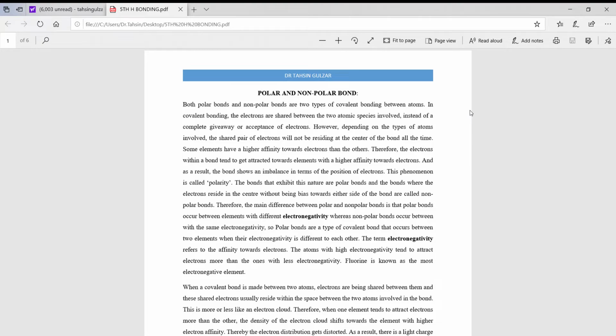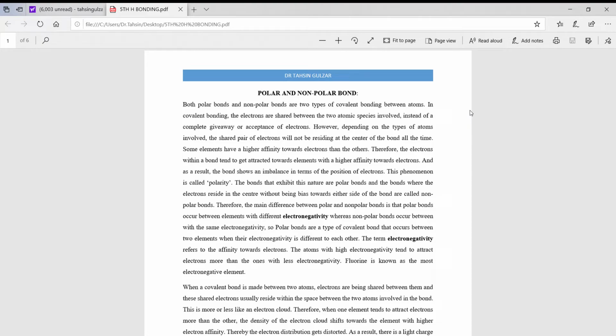CH3Cl has dipole moment. CH3Cl is a polar compound. CH2Cl2 is not a polar compound. CHCl3 is a polar compound. Now, in CH2Cl2, two chloro groups, two polar groups are present, but they are cancelling their effect.